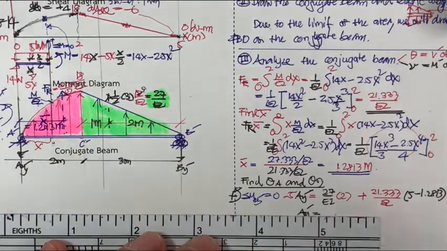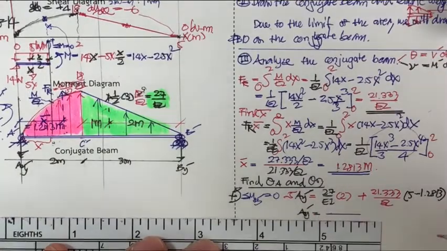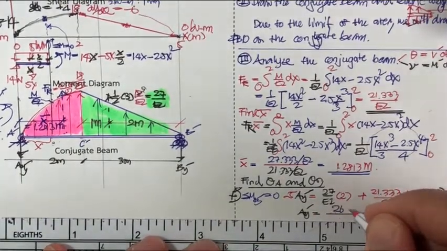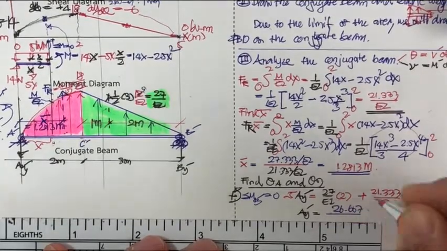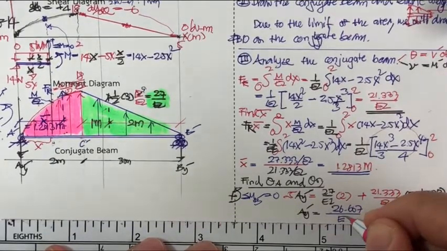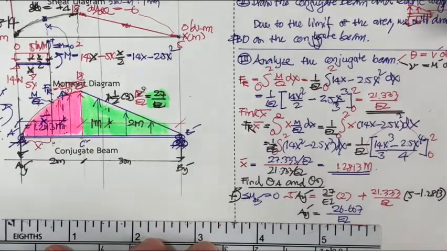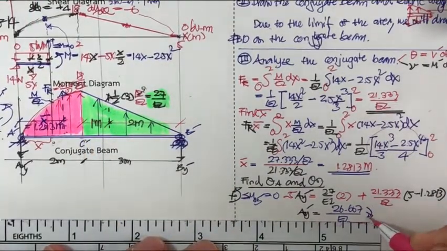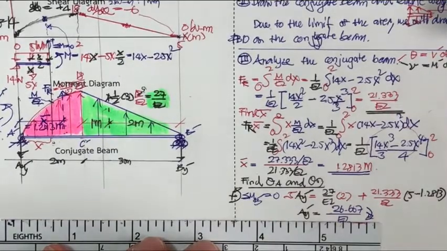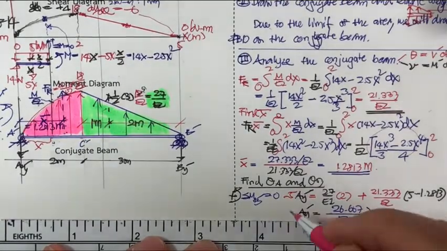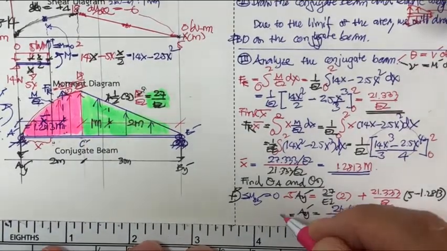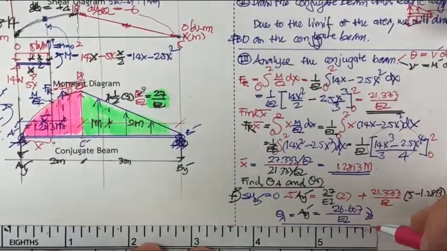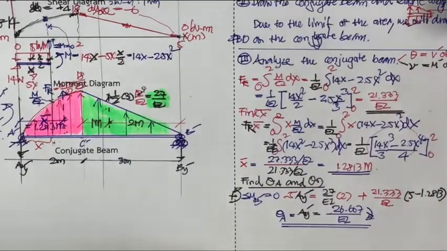Stop, pause the video and try to push into your calculator. This is going to be divided by EI. Okay, and by the elastic curve that we drew previously, the direction of this is going to be like this, and this is going to be theta sub A that we would like to determine.